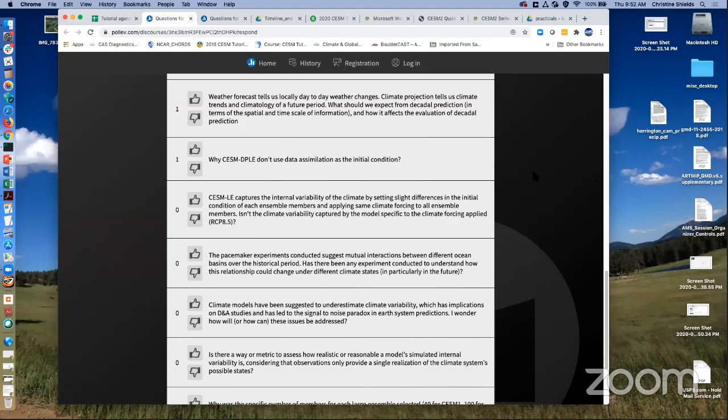What should we expect from decadal prediction in terms of the spatial and time scale of information? It's quite some question, right? We know that the atmosphere alone loses predictability in 2 weeks. So we would hope that we could perhaps find some memory coming from the land surface or the ocean surface or ice or coupled processes.